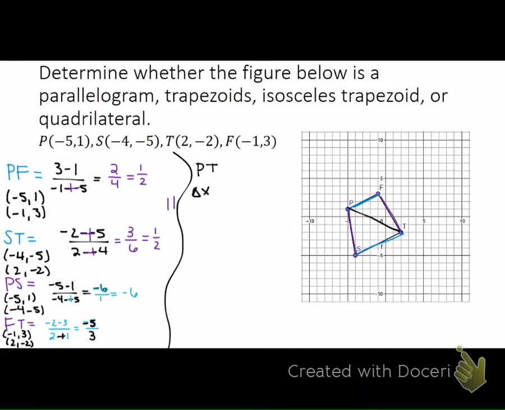So the change in X from P to T is 7. The change in Y from P to T is 3.